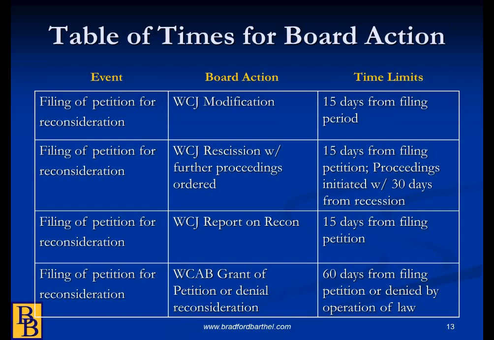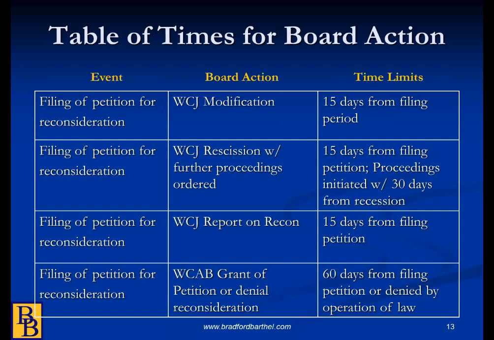And more often than not, when they are under the gun and can't get to a final decision on the matter, they will issue what I call a pro forma grant, where they just issue a decision or an order granting the petition strictly to meet the time constraints set forth by the Labor Code.